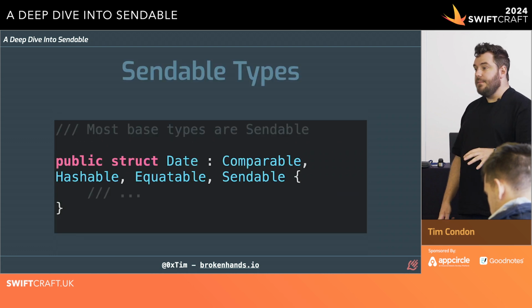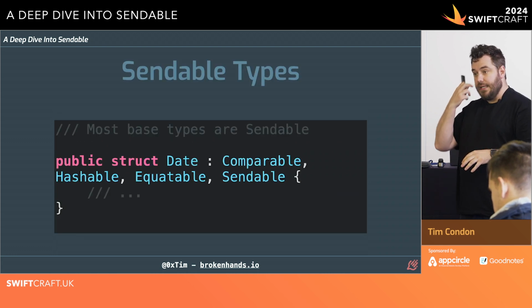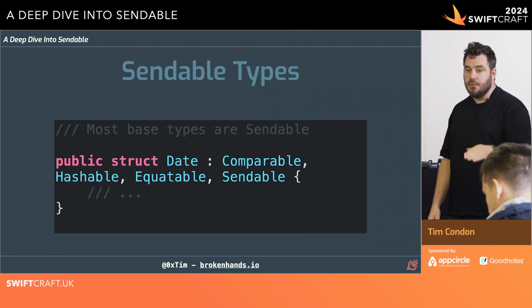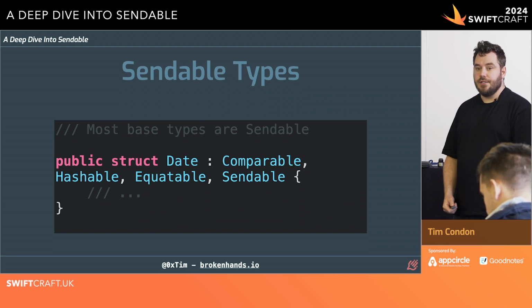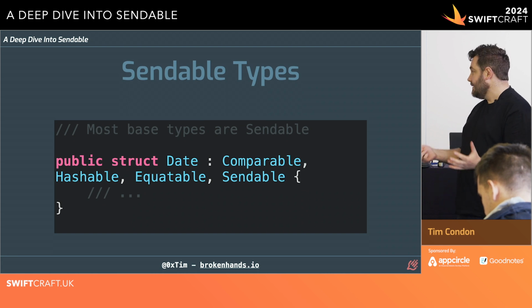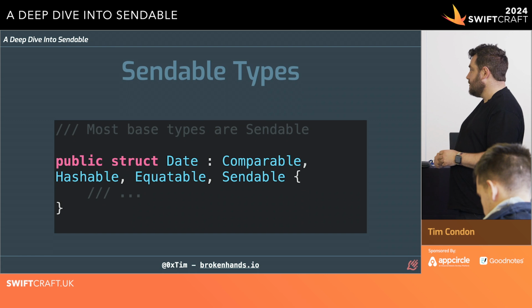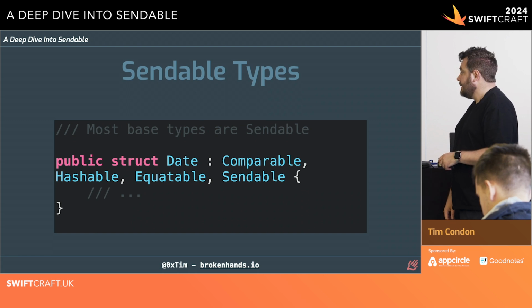Many of the base types in the standard library and Foundation are now Sendable. So things like dates, UUIDs, strings, integers, doubles. You can go and look at the code in Foundation and in the standard library. They're all annotated with Sendable. It's very easy. The reason is because most of these are value types.